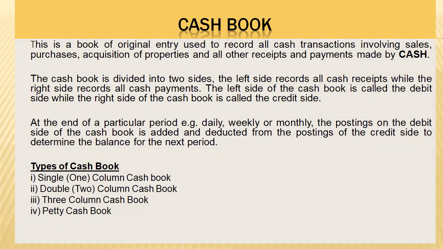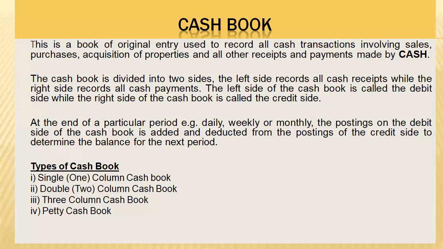Now, the cash book is divided into two sides. We have the debit side and the credit side. All cash transactions that are received by the organization will be debited. While all cash transactions that are given by the organization, that has gone out of the organization, will be what?